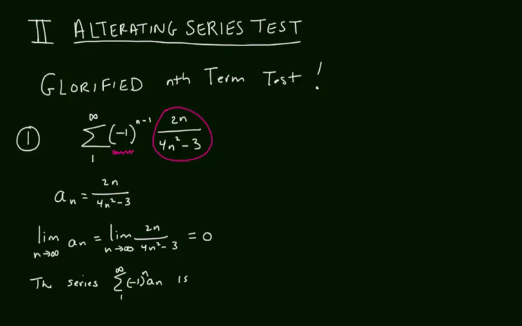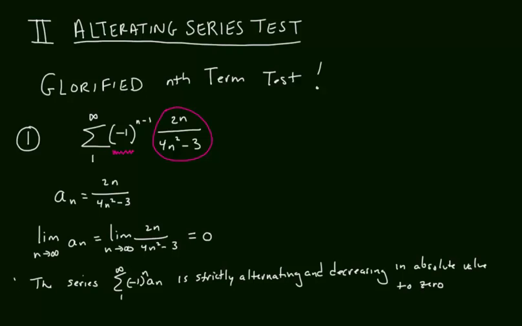is strictly alternating and decreasing in absolute value to 0.